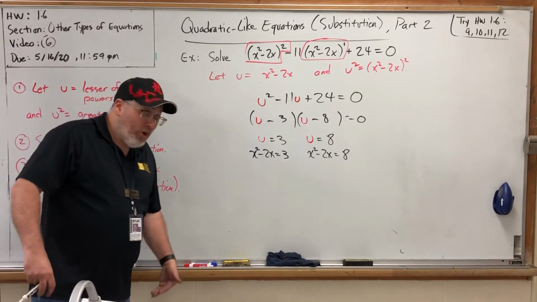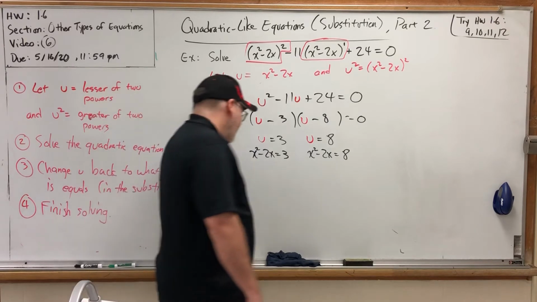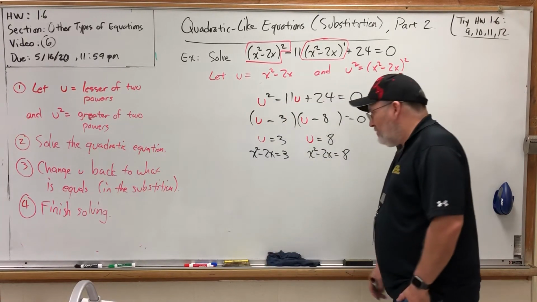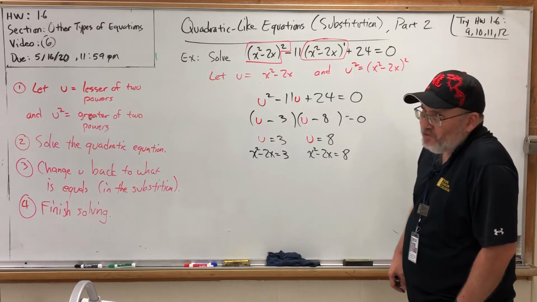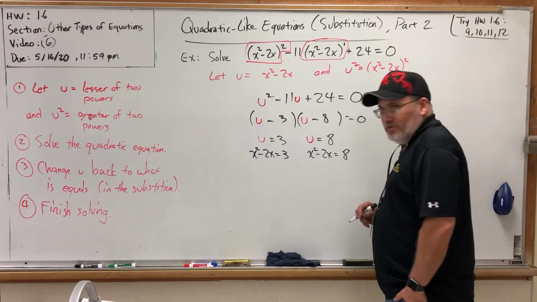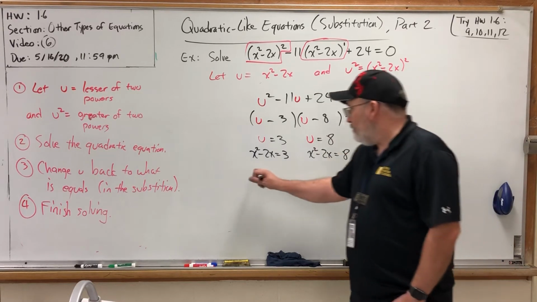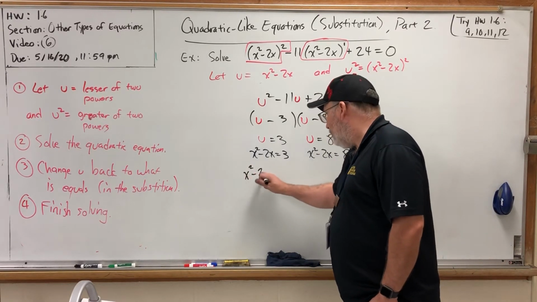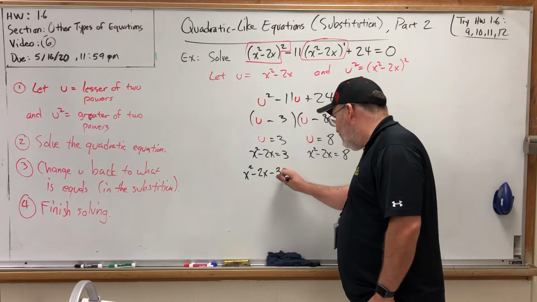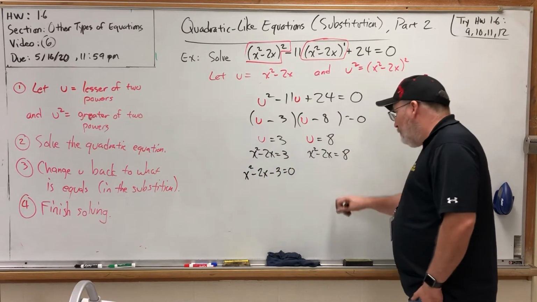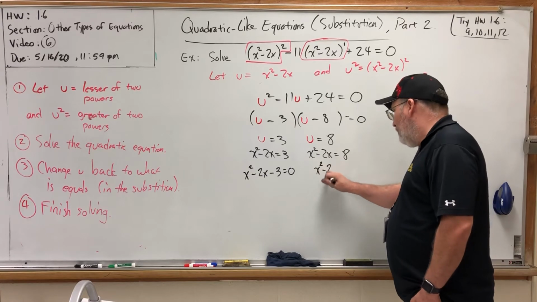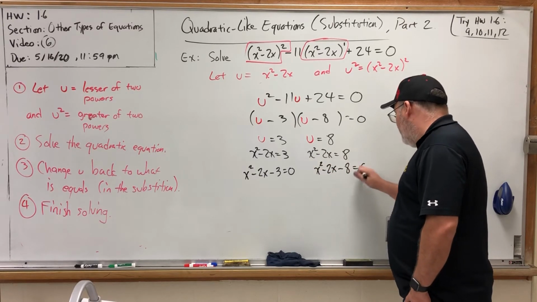Yay, we have two more quadratic equations. Again, you're welcome to use the quadratic formula. I prefer factoring, but we shouldn't do either until these are equal to 0. So the 3 moves over, gives us x squared minus 2x minus 3 is equal to 0. And the 8 moves over, giving us x squared minus 2x minus 8 is equal to 0.